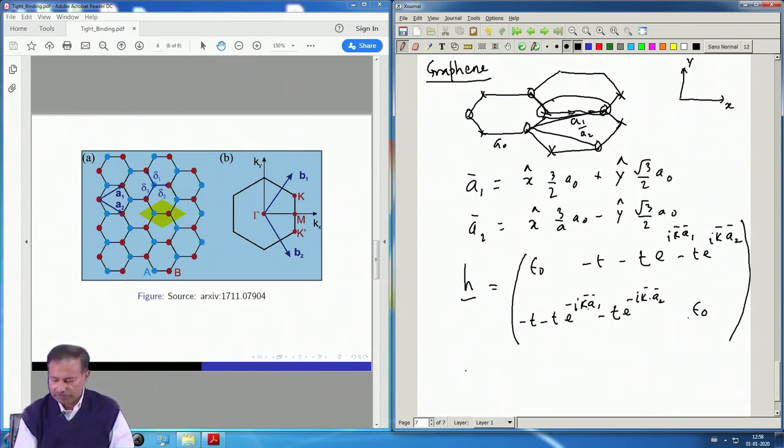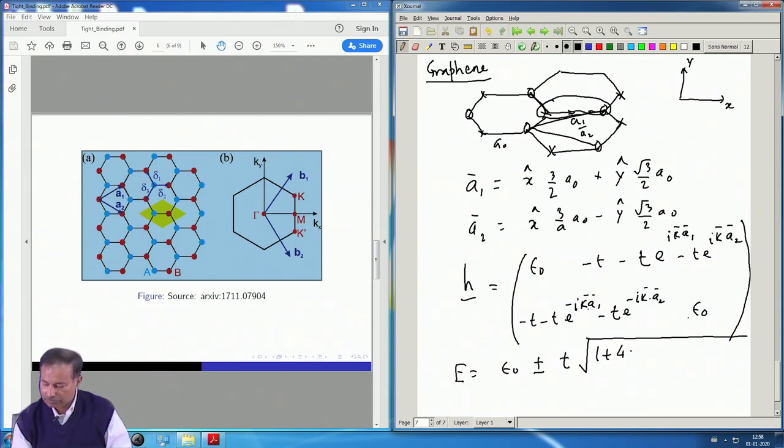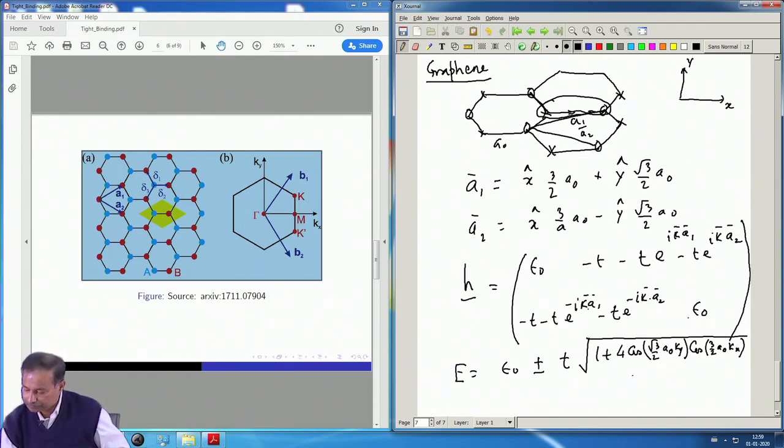It is straightforward. You will find that the energy has a fairly long form: E = t times the root of 1 plus 4 cos(root 3 by 2 a naught k y) into cosine(3 by 2 a naught k x) plus 4 cosine square(root 3 by 2 a naught k y).